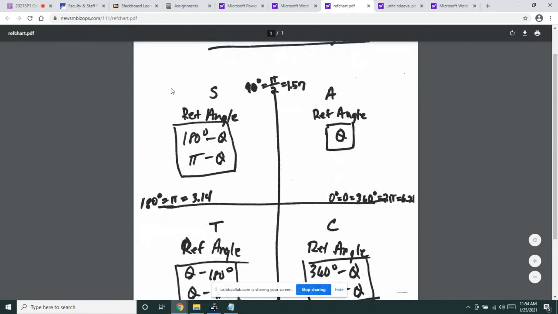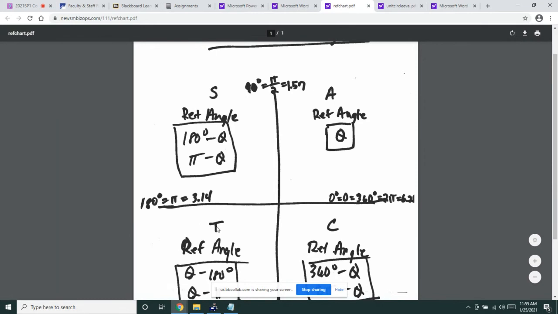From the last lecture, the ASTC alludes to the mnemonic device all students take courses, which means that in the first quadrant, all 6 trig functions are positive. In the second quadrant, only the sine and the cosecant are positive. All the other 4 trig functions are negative.